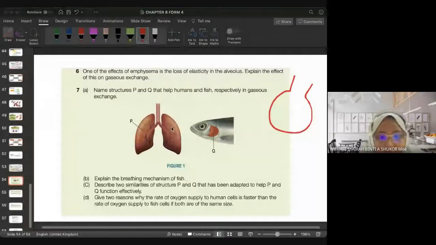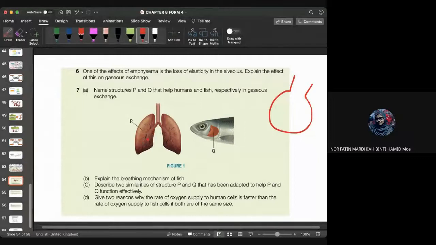Number 6, Fatin Mardiah. Alveolus wall become damaged and total surface area decrease. Alveolus cannot expand much during breathing and make the gas exchange become less efficient. Alright, correct.